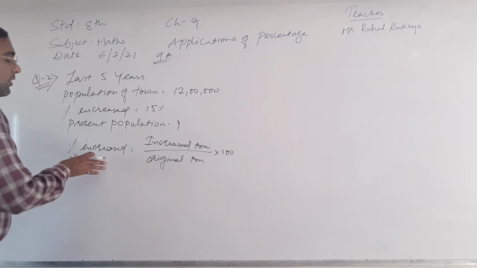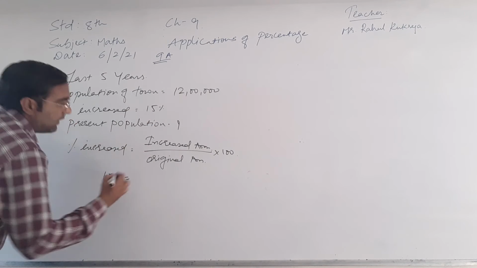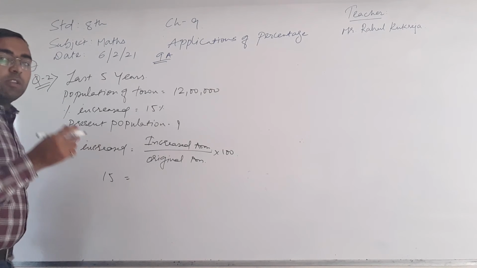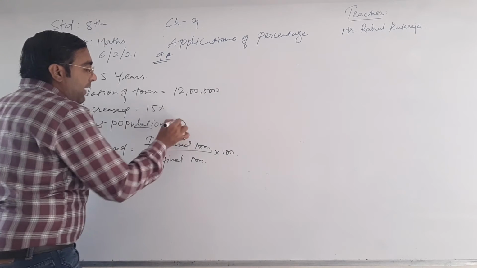Here how much percent is increased? That is 15% increased. So 15 equals increase amount, that means how much population is increased, we need to find that.